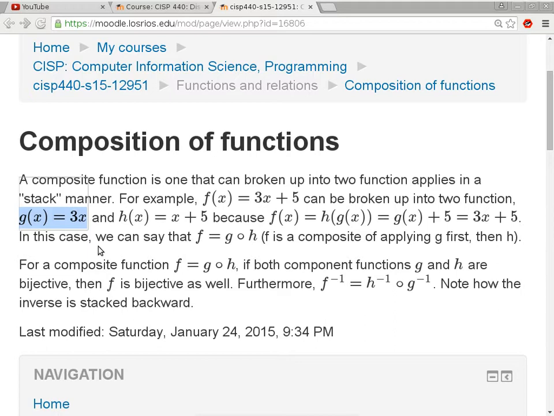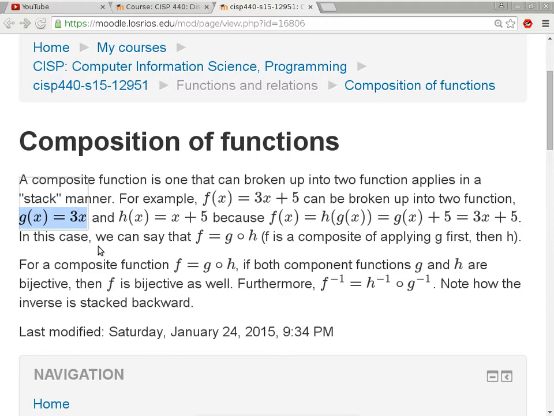If x and y are different, would g of x and g of y also be different? Yeah. So it is injective. What about surjection? Considering all real numbers as the domain and also the codomain, it is also surjective. So that means it is bijective because it is both injective and surjective. So it is bijective, which means it has an inverse function.